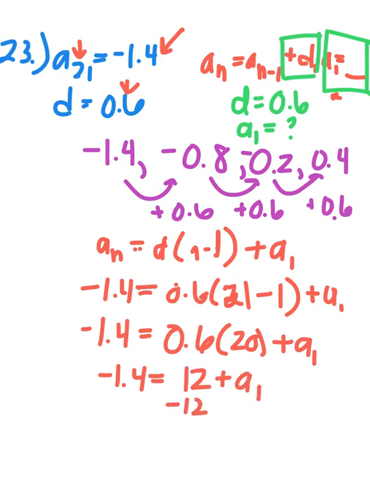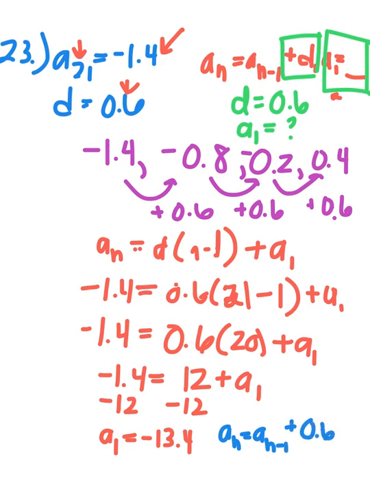So that tells me that a sub 1 is negative 13.4. So my recursive rule would be a sub n equals a sub n minus 1 plus d, comma, a sub 1 equals negative 13.4.